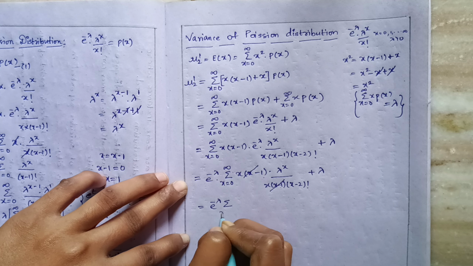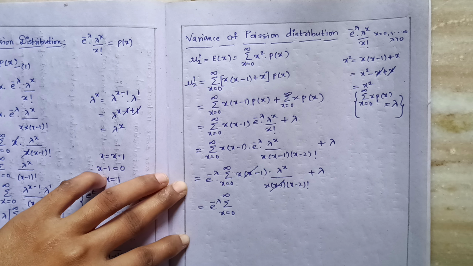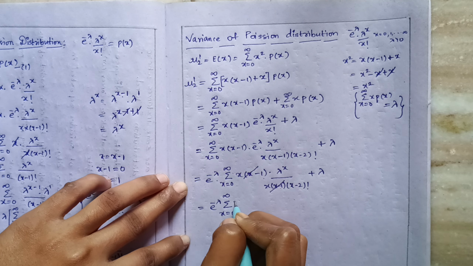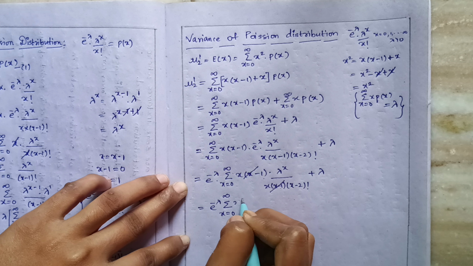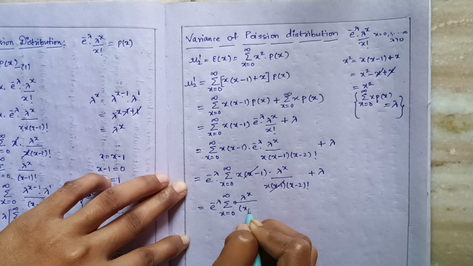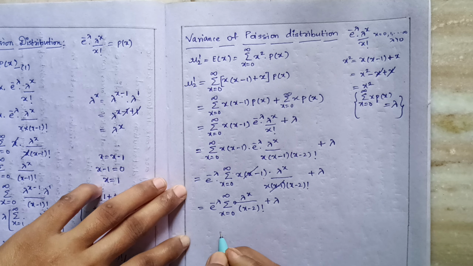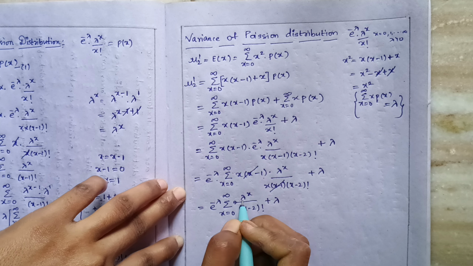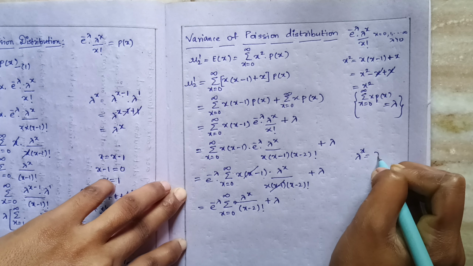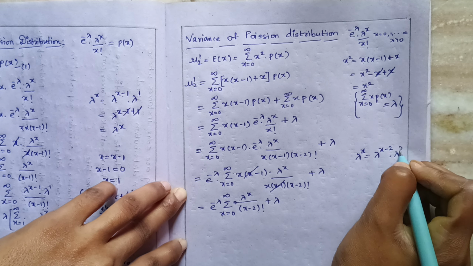Therefore we get e to the power of minus lambda into lambda to the power of x by x minus 2 factorial plus lambda. So see here, I can write this lambda to the power of x as lambda to the power of x minus 2 into lambda to the power of 2.